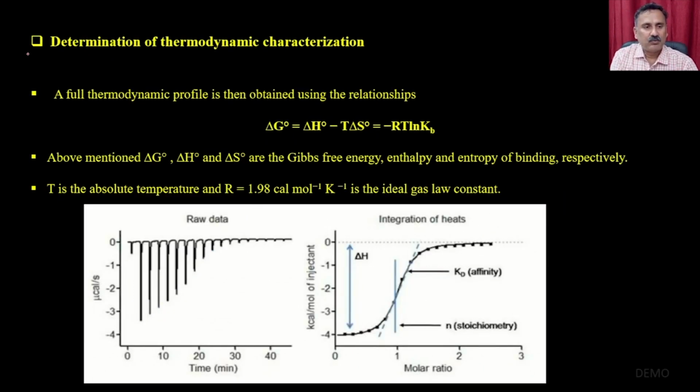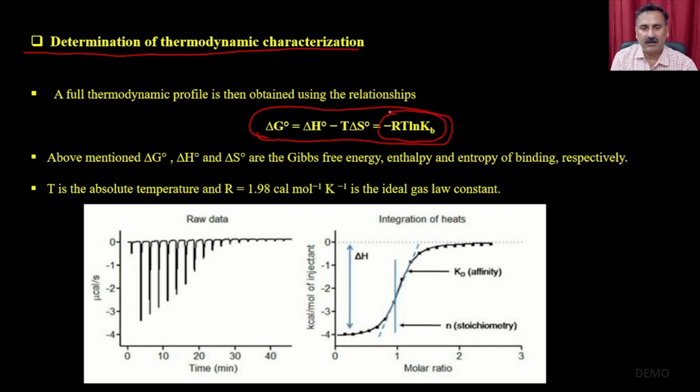Now, how can you determine the thermodynamic parameters? You can use the following equations. This is the Gibbs equation, using the Gibbs energy and the relationship between the terms: delta G is equal to delta H minus T delta S, which is equivalent to minus RT ln KB.